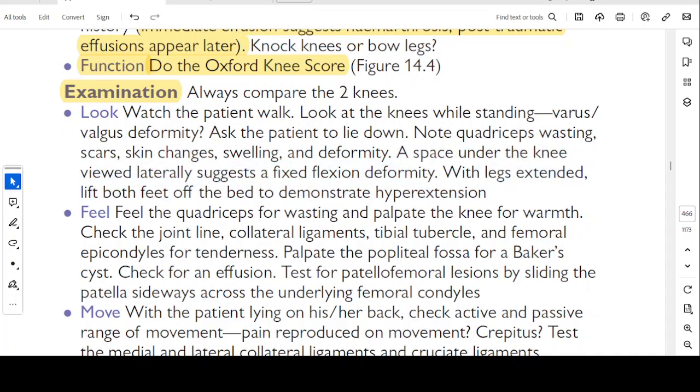With the legs extended, lift both the feet. When you ask the patient to lie down, if there is a space between the bed and the knee when you are viewing laterally, it suggests a fixed flexion deformity. With legs extended, lift both the feet off the bed to demonstrate hyperextension. Feel.